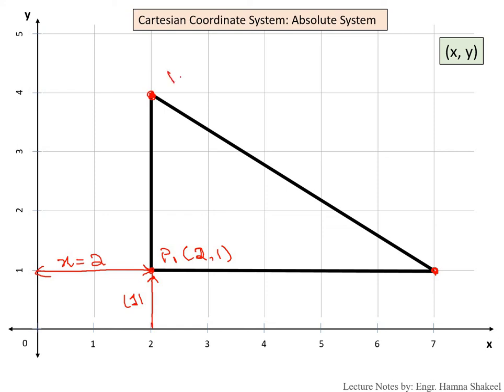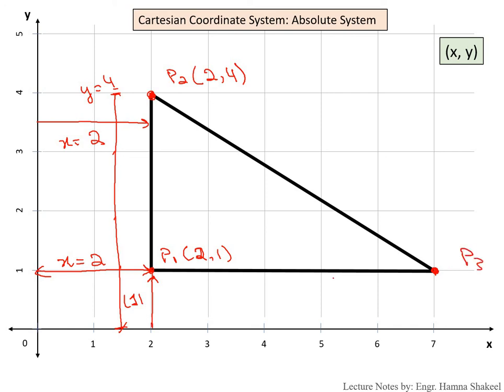For point number P2, the horizontal distance is 2 and the vertical distance is 4 units, 1, 2, 3 and 4. So for P2 you can write the location as 2, 4.